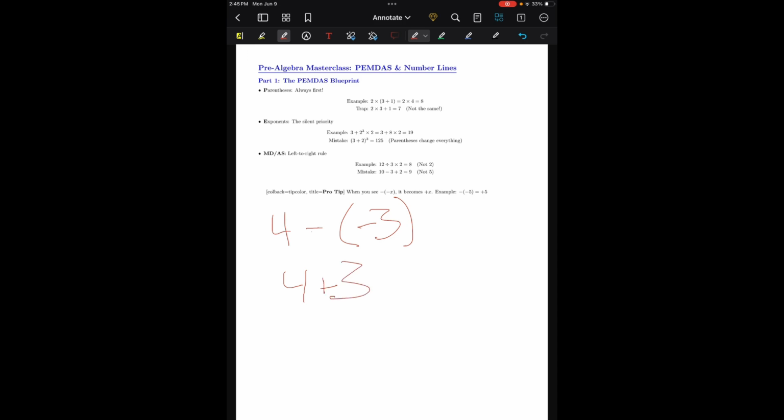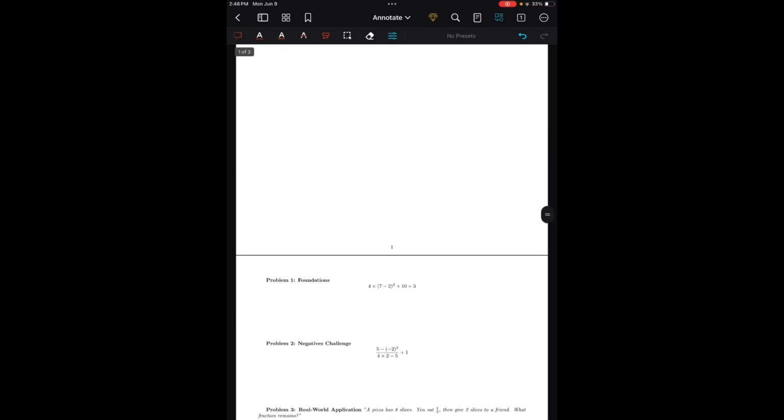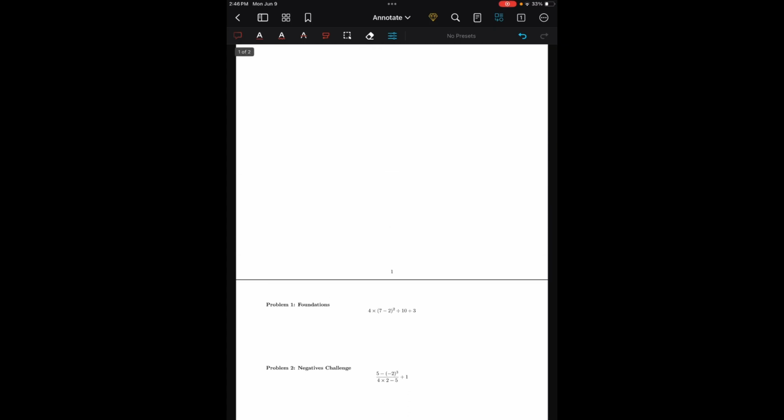Since if you're subtracting a negative number, you're just adding a number. Okay, so we're going to be seeing that later on in today's lesson. Alright, let's just clear this up. Alright, let's move on. So let's do a quick foundational problem.